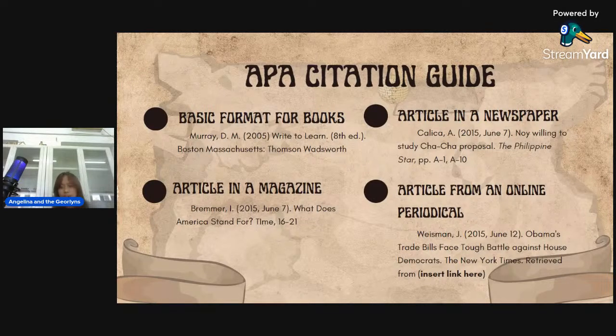Then for a newspaper, the pages are included too, along with the page format and the name of the newspaper. Then an article from an online periodical is where a link is included. So take in mind how we would cite it in APA format.